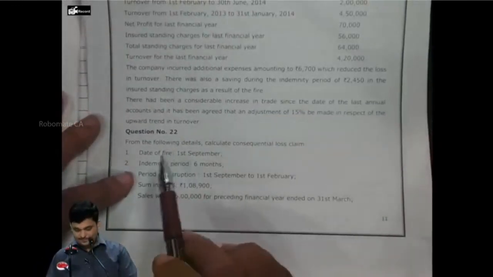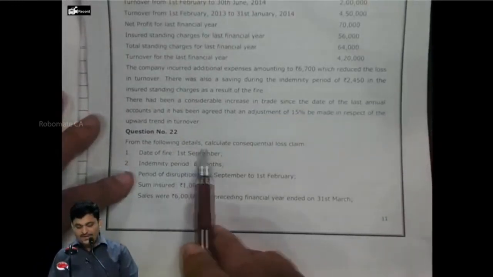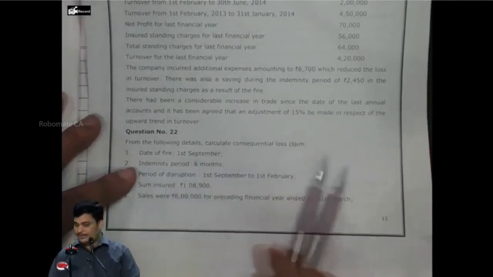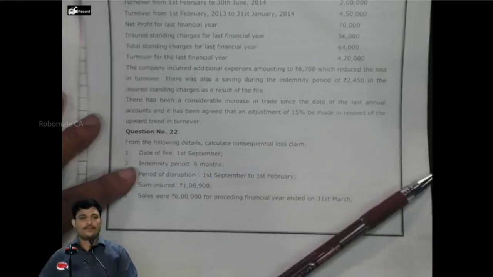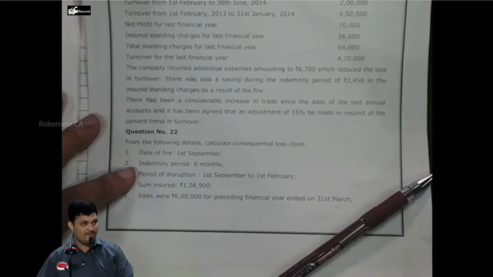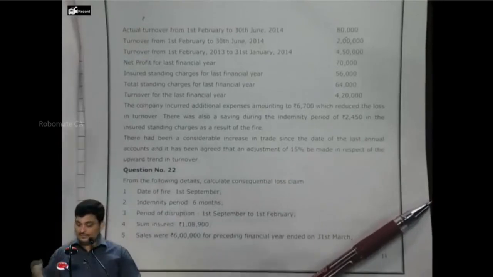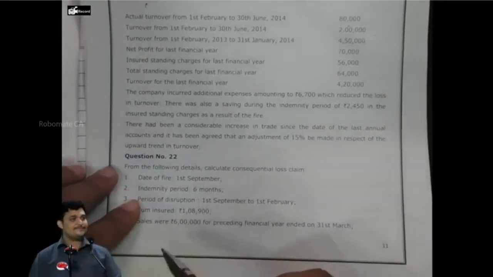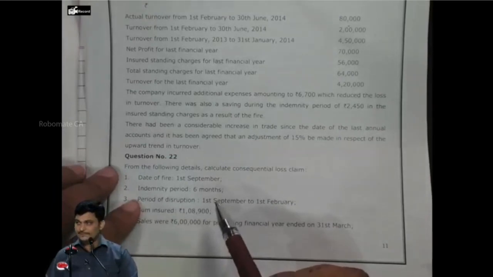Now listen. From the following details, calculate consequential loss claim, date of fire 1st September. Listen to the problem. Focus. Indemnity period 6 months.